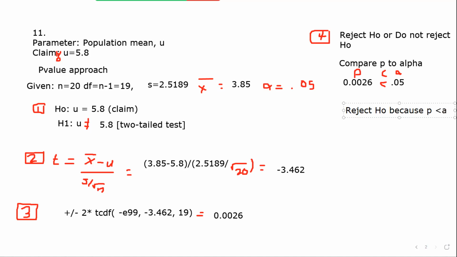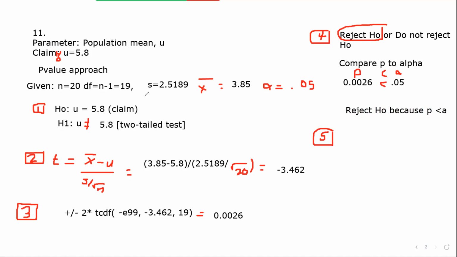Good. So we're going to reject the null. And then we write our summary statement. We draw our conclusion. There's my reject H0. Here comes step 5.